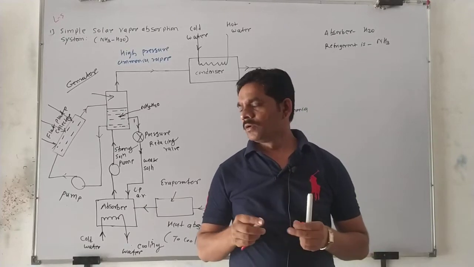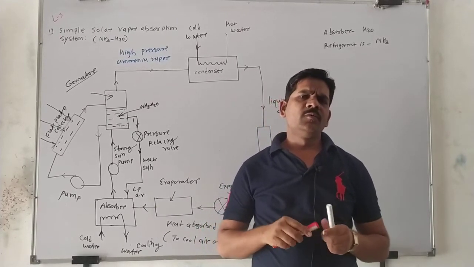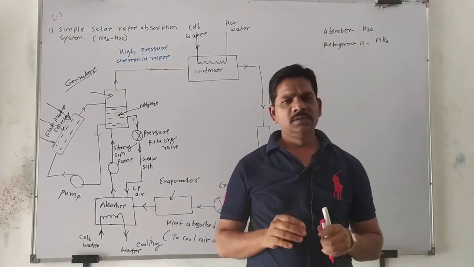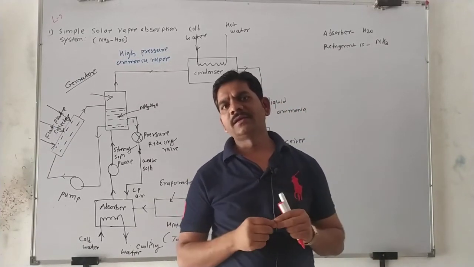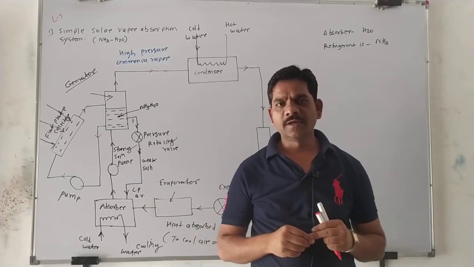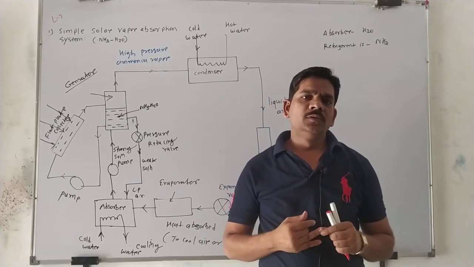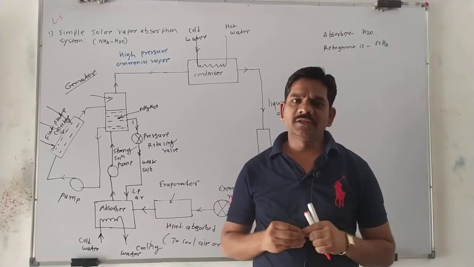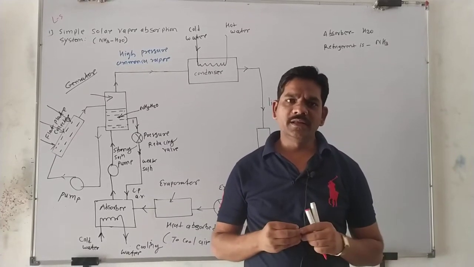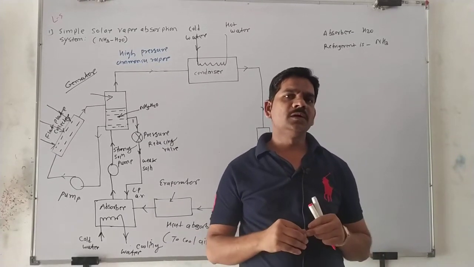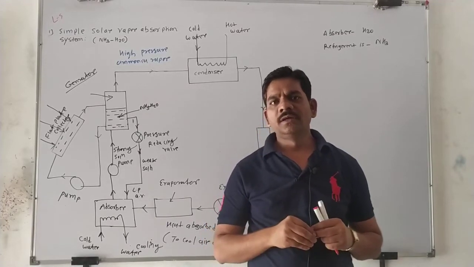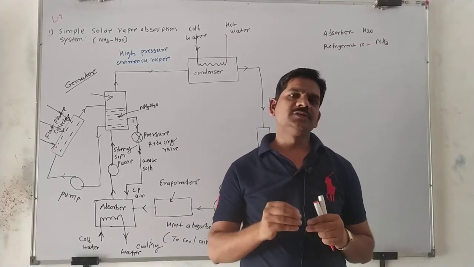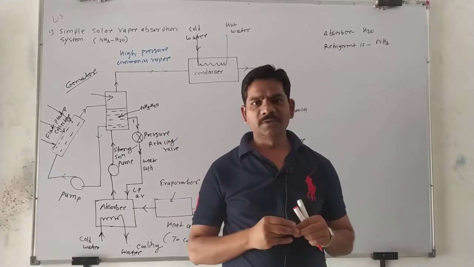Okay. So today what do we learn? We learn the cooling systems or air conditioning systems. Today we have to discuss solar energy used for refrigeration purpose, for air conditioning purpose, for cooling purpose.